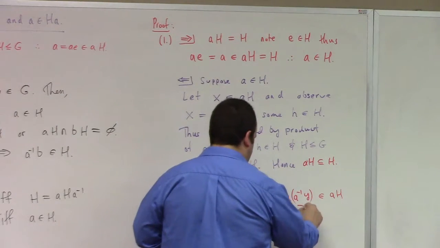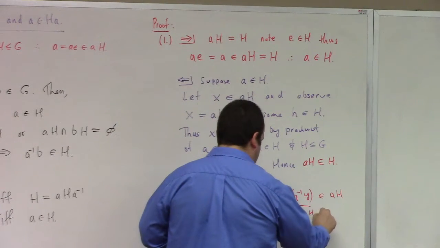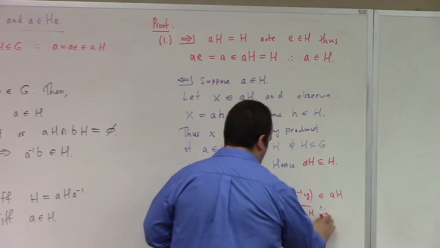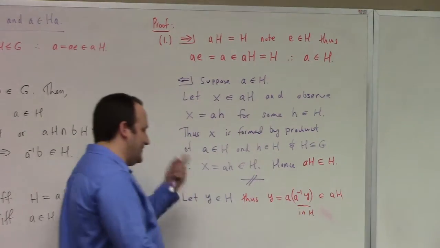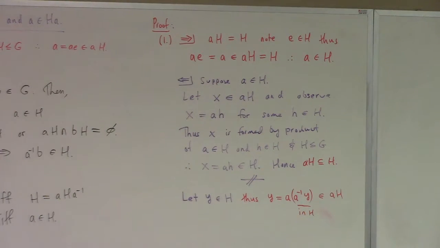How do I know that this is in H, right? Let me just say it's in H. Why is a inverse y in H? y is in H. a is in H, so a inverse is in H. H is a subgroup. So y is equal to the product of a with something in H. Therefore, it's in the coset aH.